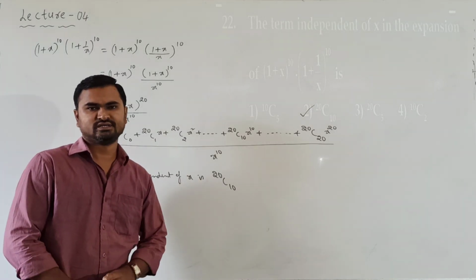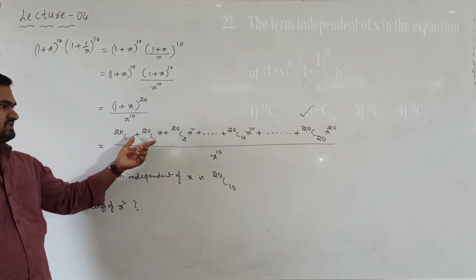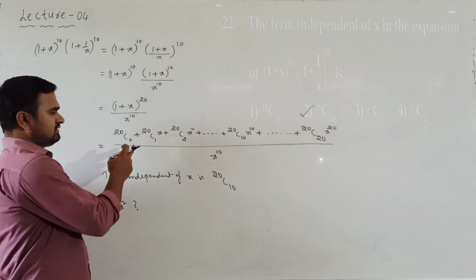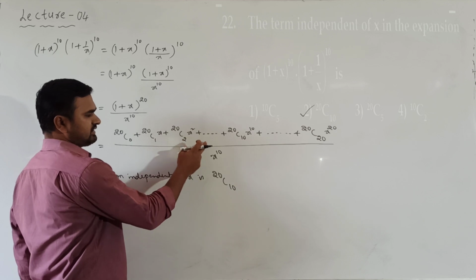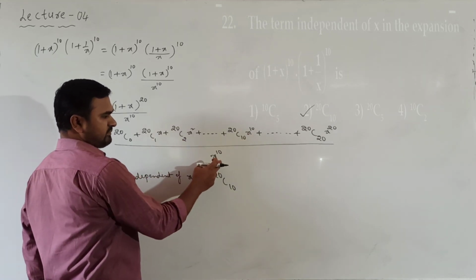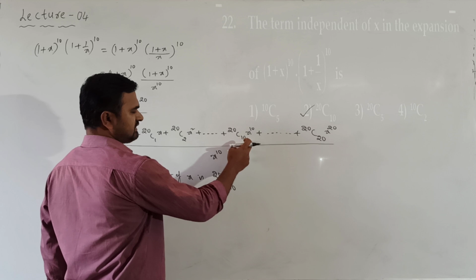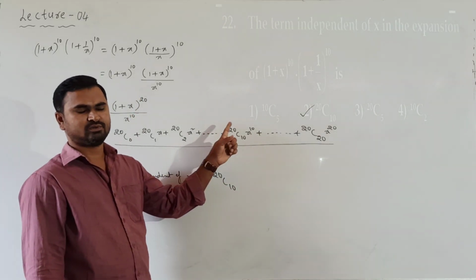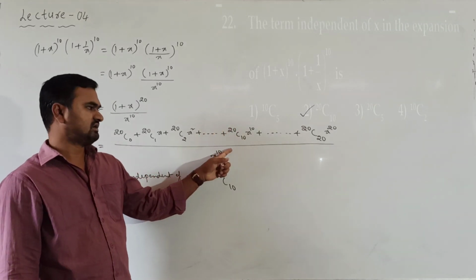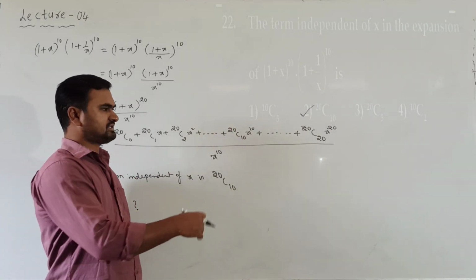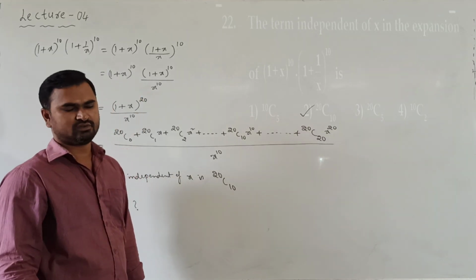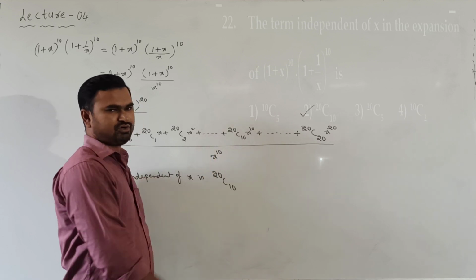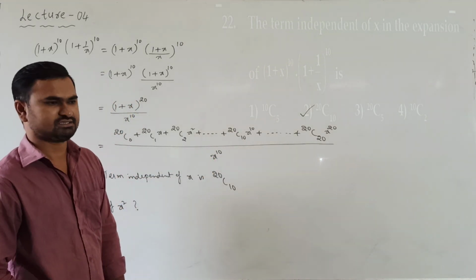How do we get the x^2 term? Observe, the term independent of x is followed by 20c11 x^11 divided by x^10, so x^1, that is 20c11 x. Next 20c12 x^12 divided by x^10, where the x^10 cancels, so there will be an x squared term.